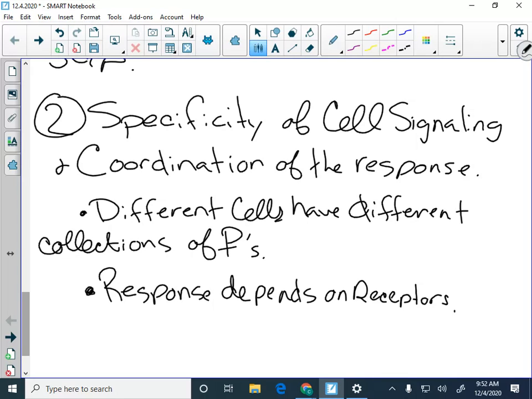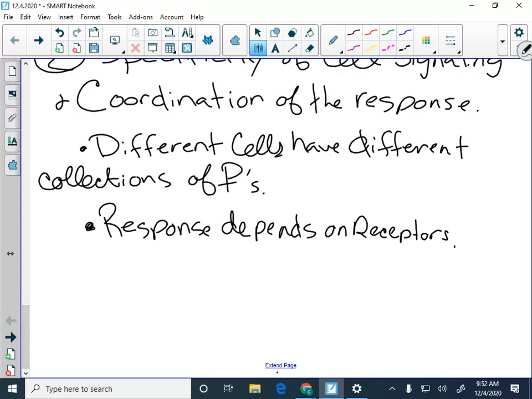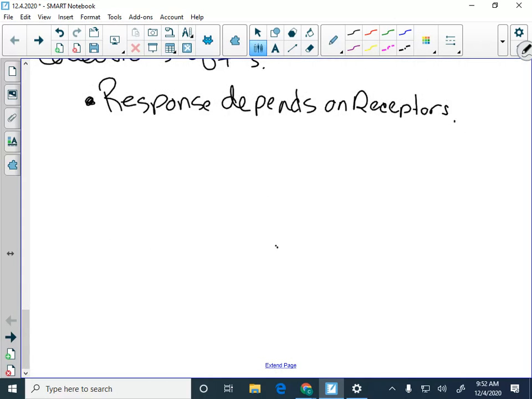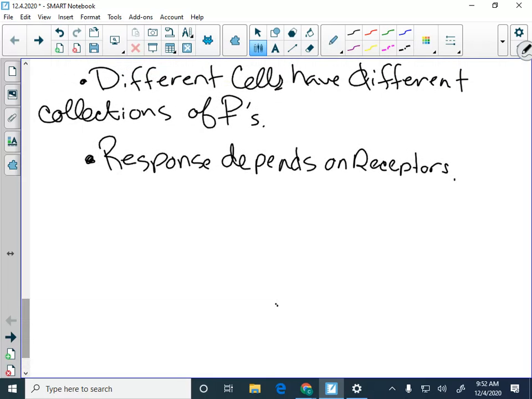If a cell doesn't have a receptor to respond to a certain signaling molecule, it won't have a cellular response in response to its presence. But another way that cells can increase how specific a response is is by the difference in the proteins that respond to the receptors. So we can have two cells with the same receptor protein, but differences in the proteins in the signaling pathway mean we get different responses.